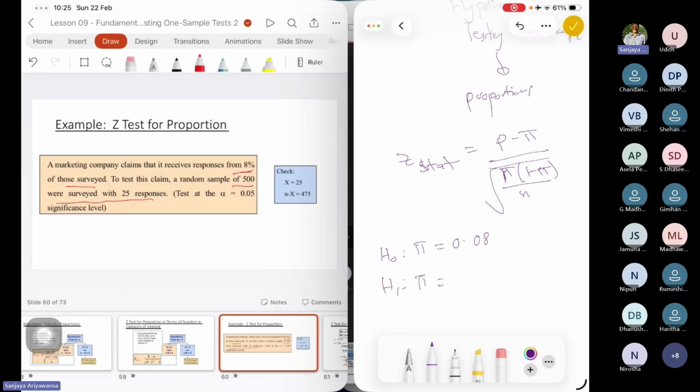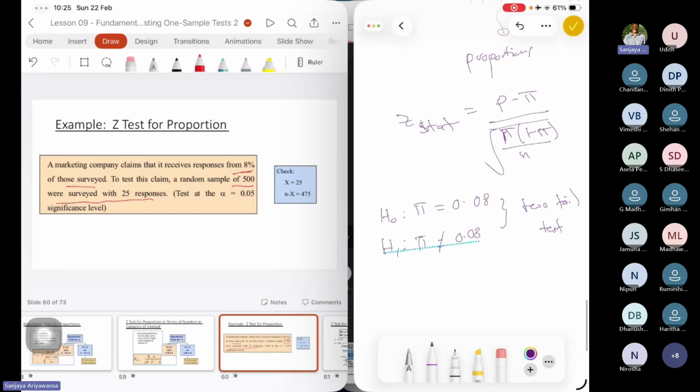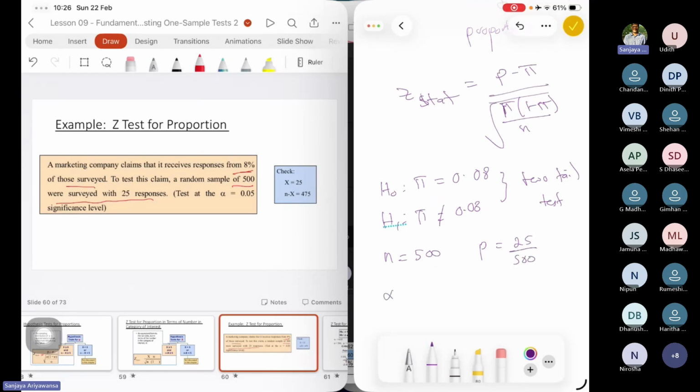Alternative hypothesis: not equal to 0.08. Quickly, this is a two-tail test. Just note it down. We are told n is 500. Then sample proportion is 25 over 500. And we are told alpha is 0.05, which means 95% confidence level.